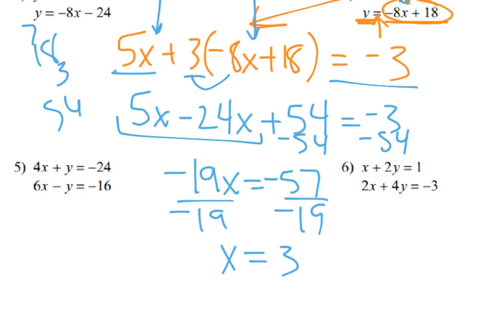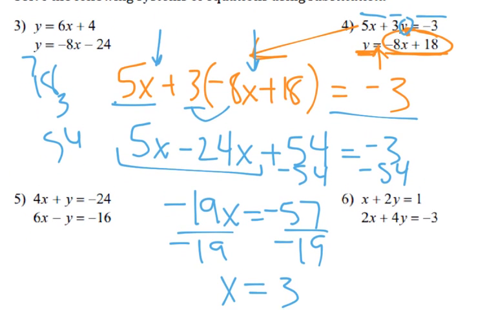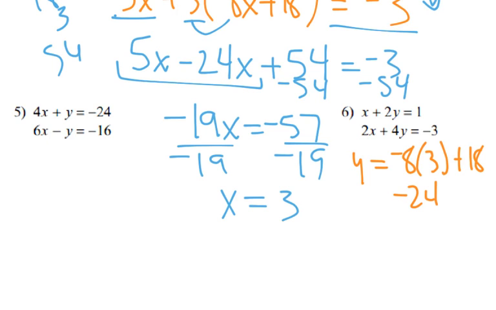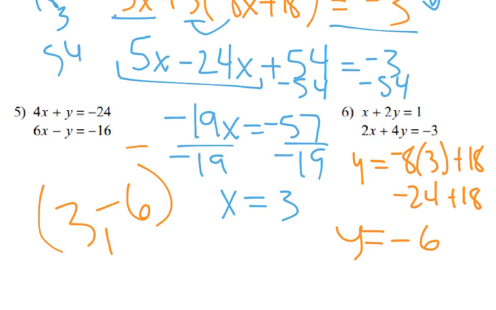Alright, now we've got half the problem, so we look back at this equation and say y equals negative 8, but instead of x we put in 3, plus 18. Negative 8 times 3 is negative 24, plus 18 would give us a negative 6 for y, so our answer, 3, negative 6.